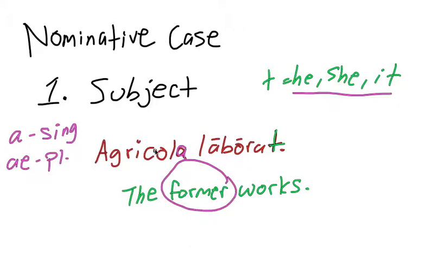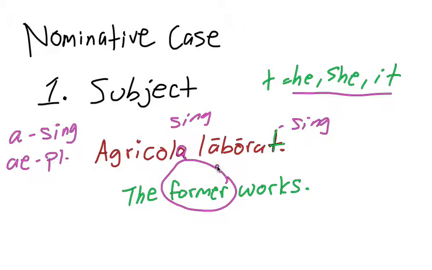Okay, so the farmer becomes the subject and replaces the he, she, or it. Okay, and when that happens, and if it's singular, which agricola is singular, and so is laborat, then it's going to be third person. Okay, so the farmer works.